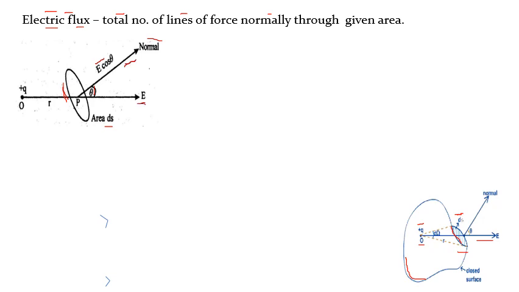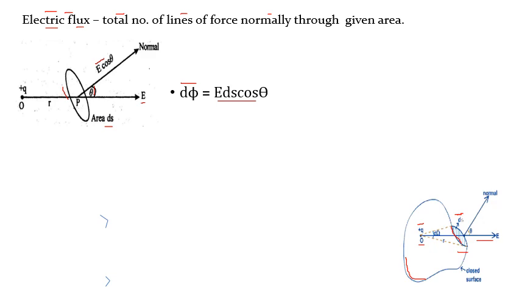Then to find out electric flux through the given area, which formula did we use in 11th standard? We already discussed this. Yes, tell me. See, this is that formula. This is the electric flux which is given by dφ = E ds cos theta.